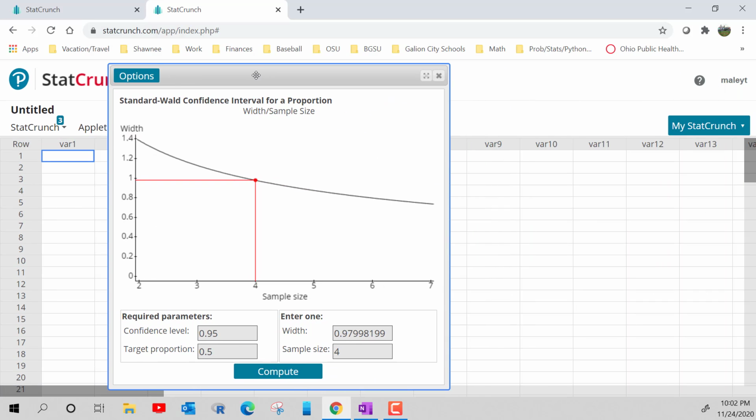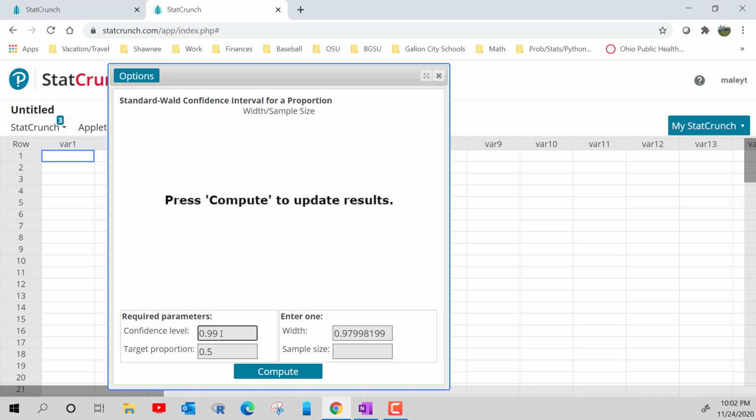So for part A, what we need to do is fill in the confidence level, which we wanted 0.99. Then we want the target proportion. We plug in the target proportion of 0.635; in other words, that's where you put p hat.